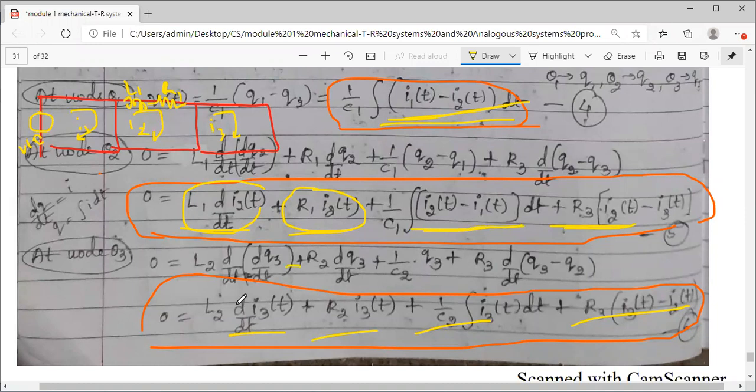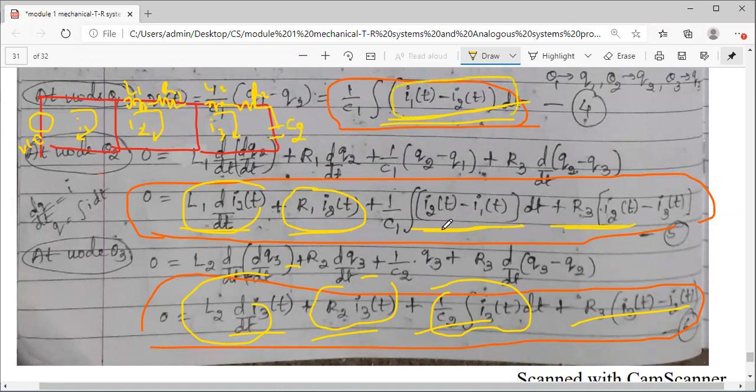Yes, I have here L2, R2 and 1 by C2. I will connect inductor, resistor, capacitor. So this is your C2, this is your R2, this is your L2. Okay. So once you complete this, I will go for shared elements.